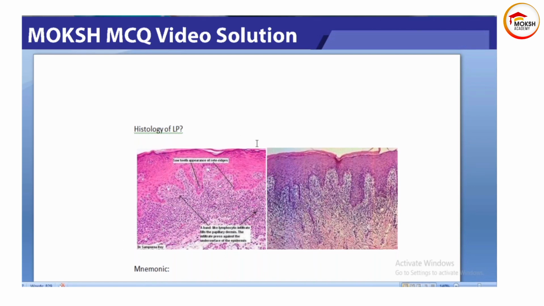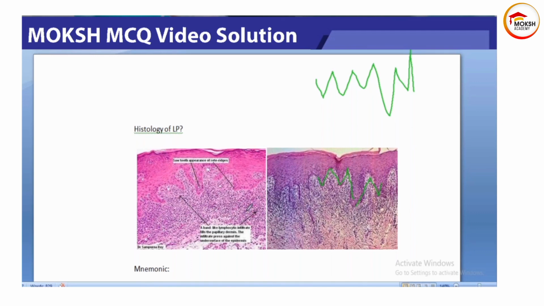Say I biopsied the plaque that was present on the patient's leg. What I will see is that these rete ridges will appear saw-like, zigzag. This is one histological presentation of lichen planus that you should remember.